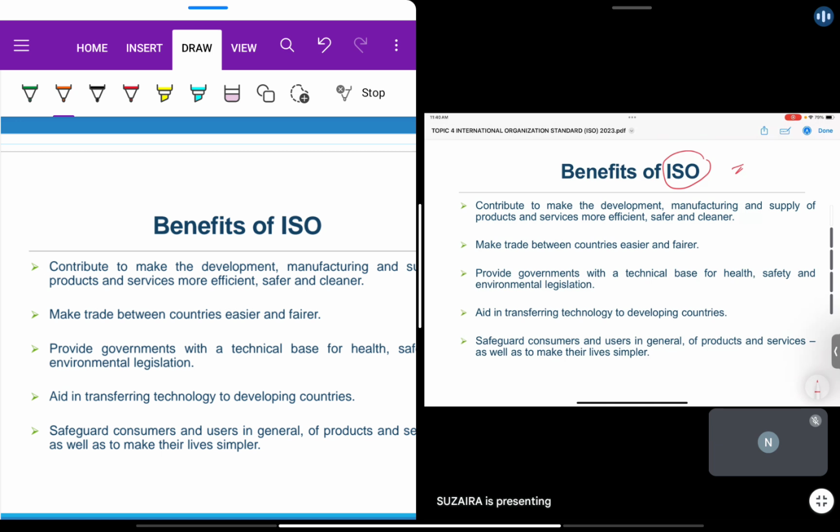When you learn chemistry, you have isometric, which is similar. Because we refer to a similar standard, the benefit is that it contributes to making the development, manufacturing, and supply of products and services more efficient, safer, and cleaner.